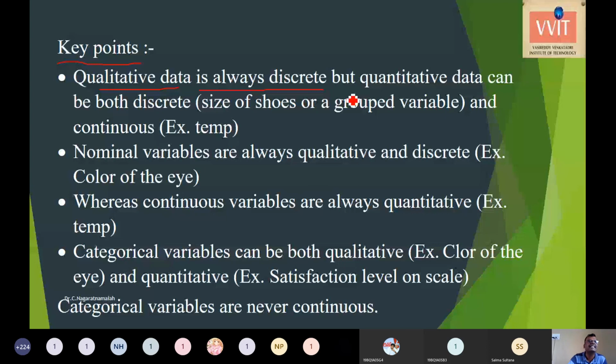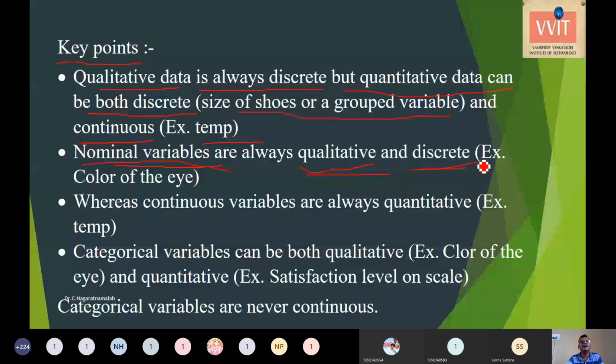These are the examples that you have to write here: size of shoes, grouped variables, or temperature. And one more point, nominal variables are always qualitative and discrete.